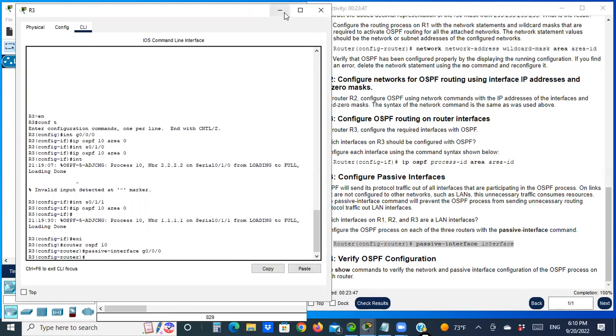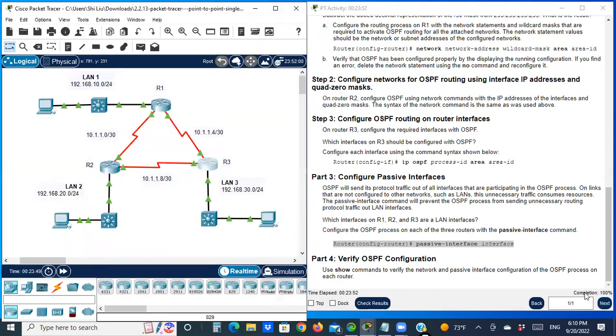Okay, we're done. Look here, completion 100%. That means we have configured all the necessary configuration.